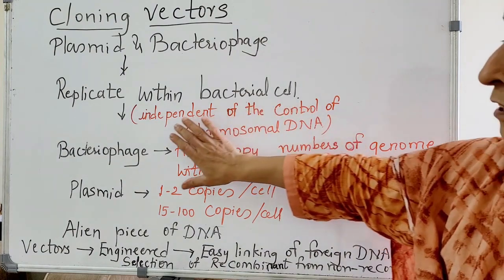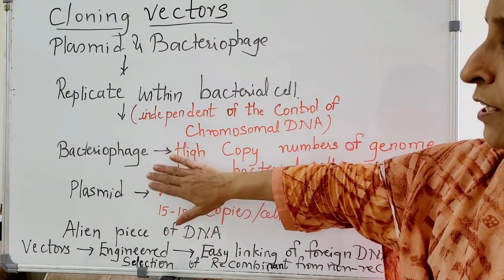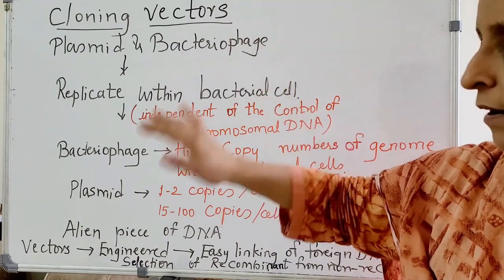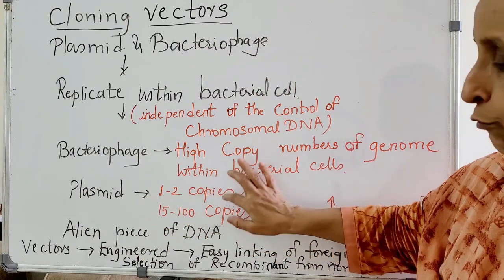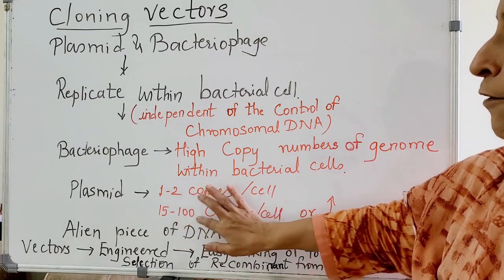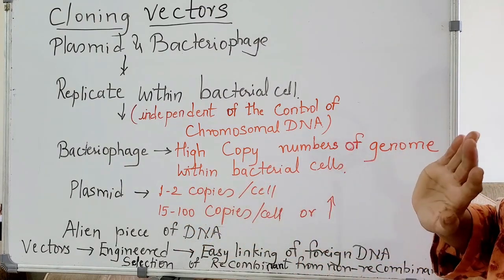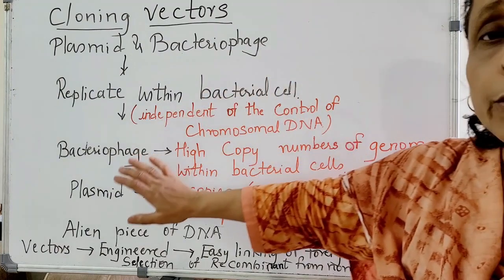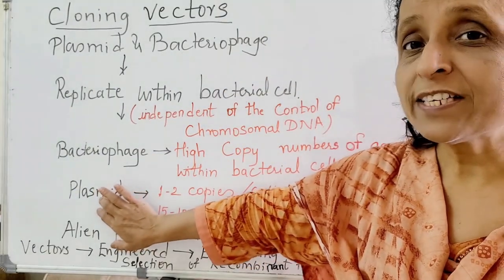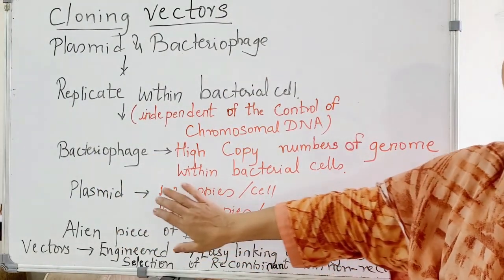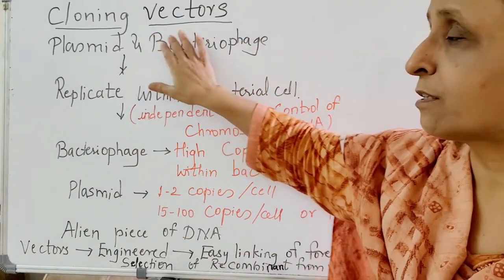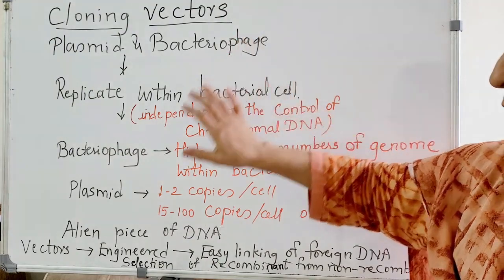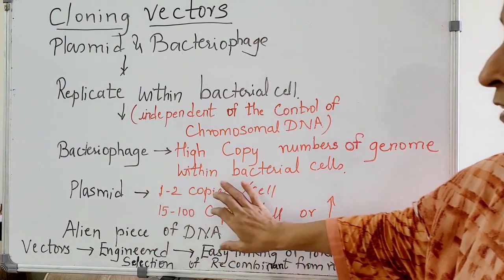Here it is a little bit slow. So here they are going to accept the alien piece of DNA. These vectors, plasmid and bacteriophage, are going to accept the alien piece of DNA.